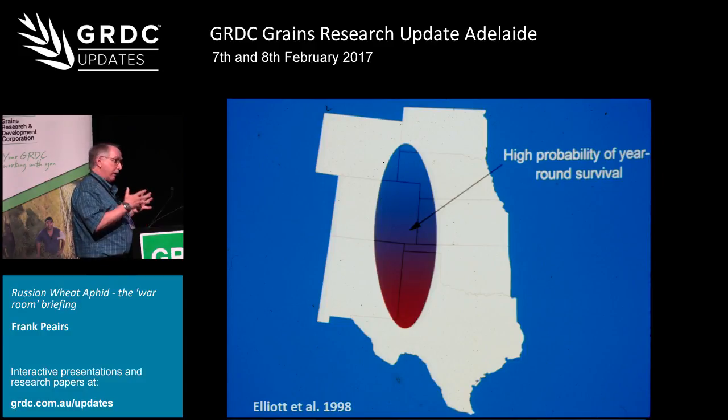One is the availability of oversummering hosts, and the other is relatively mild overwintering conditions. And based on that, the most favorable conditions for Russian wheat aphid are found in southeastern Colorado, and that's been borne out year after year as we look at infestations.